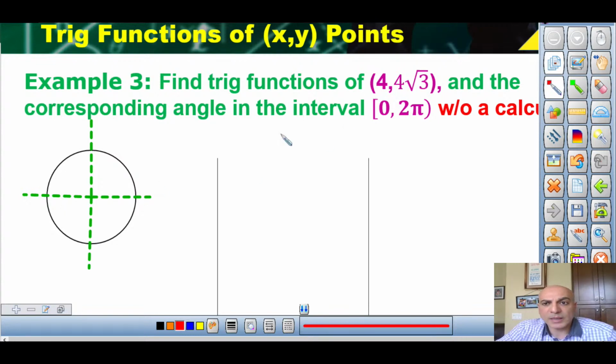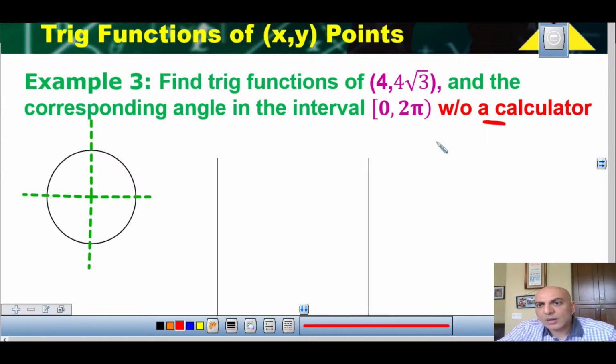Interesting, I don't know. Maybe you could use a calculator to find this, but it says without a calculator, by the way. Square root of 3 is between the square root of 1, which is 1, and the square root of 4, which is 2. So between 1 and 2. I don't know the value, I could look it up.